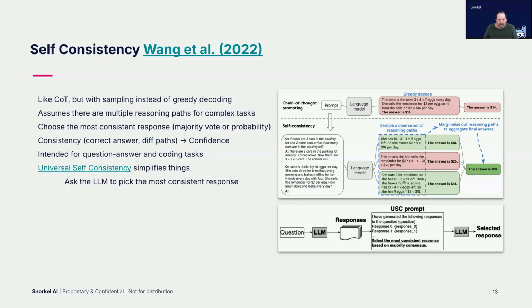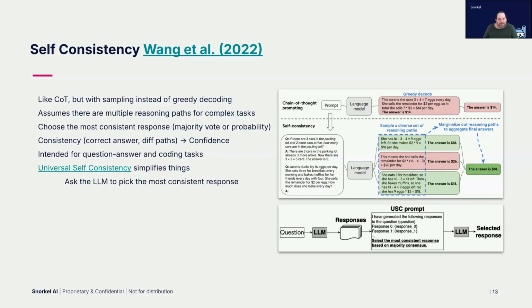Now, in the research paper, this is a little more complex in terms of how they're choosing the consistent response. You can see in the diagram they talked about marginalizing out the reasoning paths. There's some mention of actually looking at the underlying probabilities and confidence levels coming from the model. In more simplistic terms, which I think they use for some of their experiments, you can simply do a majority vote or take the probability overall of each answer and use those.